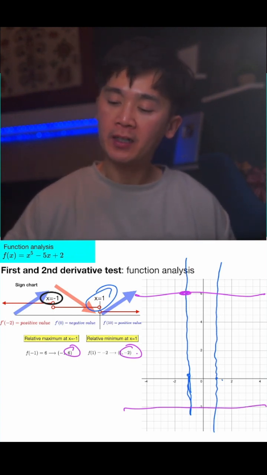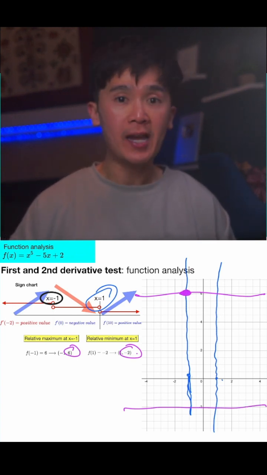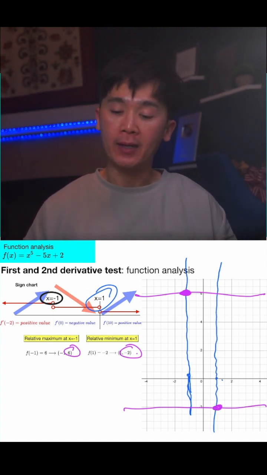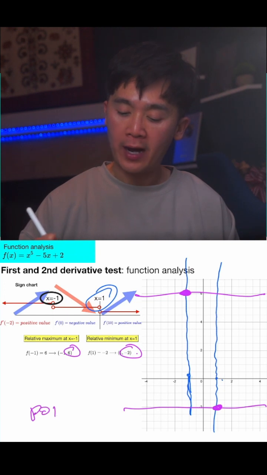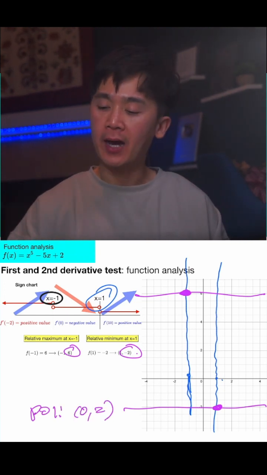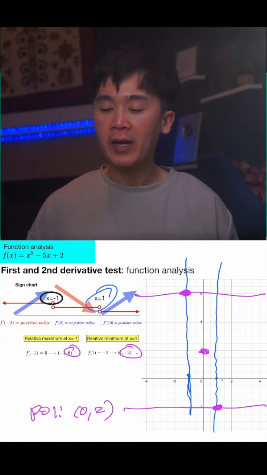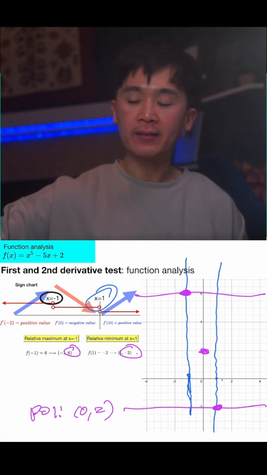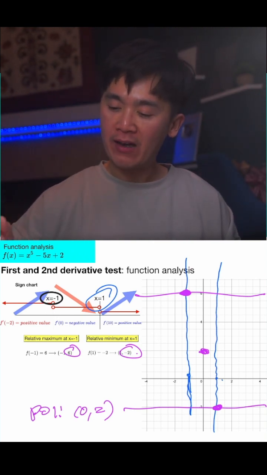And this point right here is where the first vertex is happening, and this is where the second vertex is happening. And we know that our POI is at 0, 2 from our previous slide, and that is also our point right here. By doing so, we have the scaffolding that will help us sketch the graph of our function.